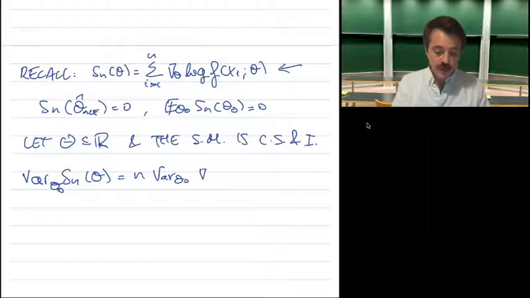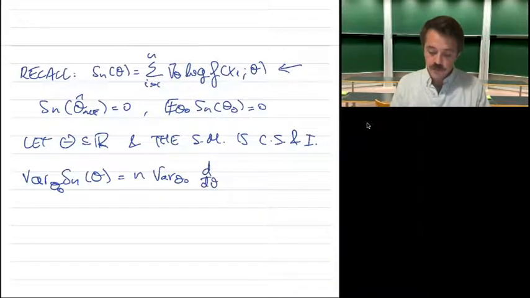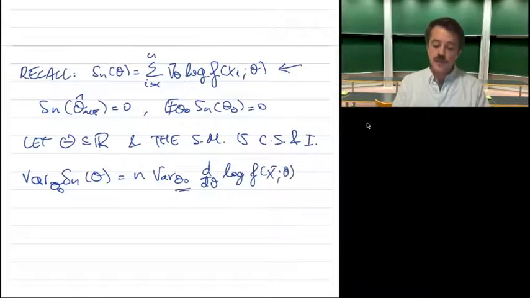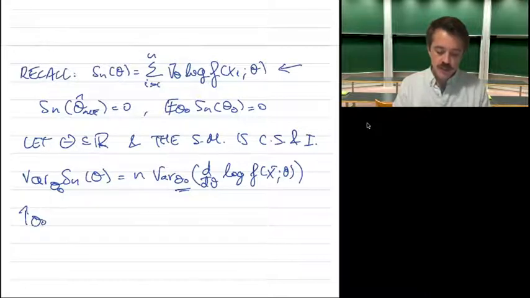In this case it's not a gradient because we're in one dimension, so it's just a derivative of the log of f, and we don't need any x_i, we just have the capital X under this measure.